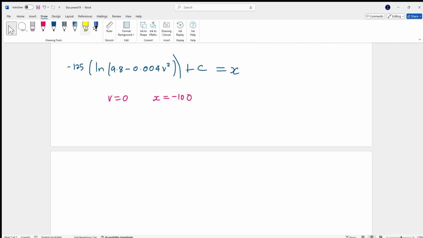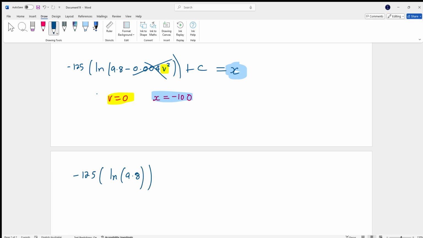So if we substitute this information in, we'll have negative 125 ln of, now this cancels out because v is 0, ln of 9.8.